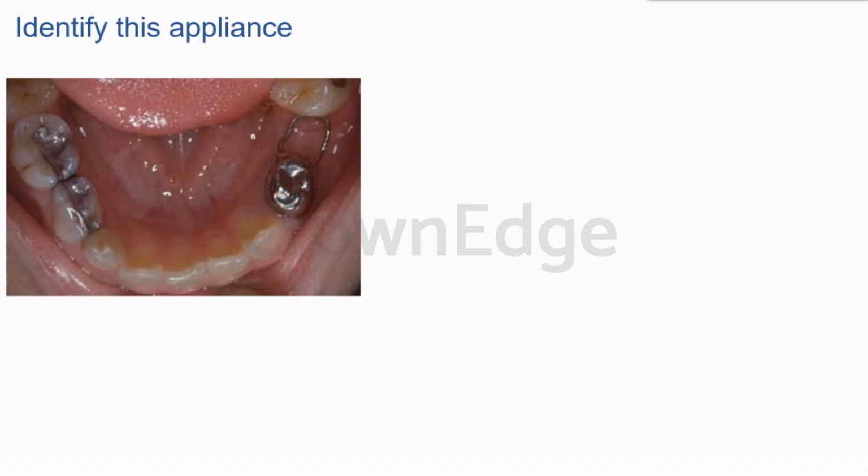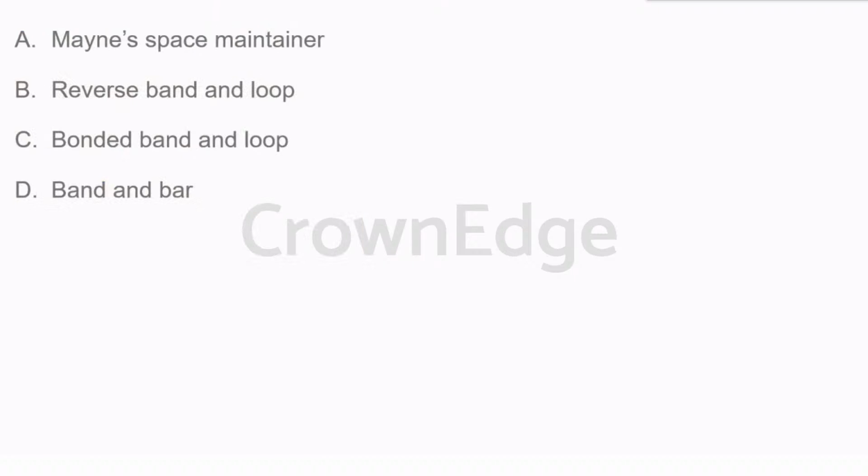Now identify this appliance. Okay. Yes, you've seen this picture now. Let's move on to our options now. Again, mains space maintainer, reverse band and loop, bonded band and loop, or band and bar. What can be the possible options for this?